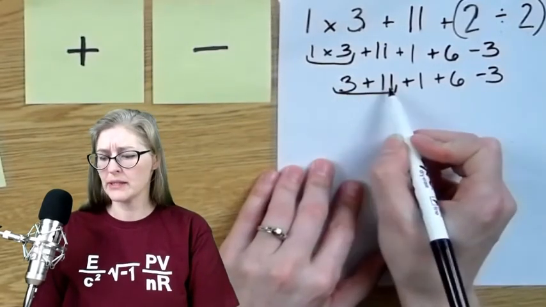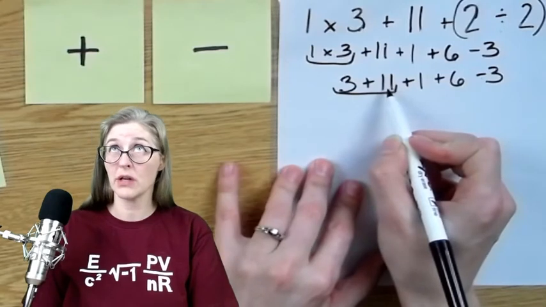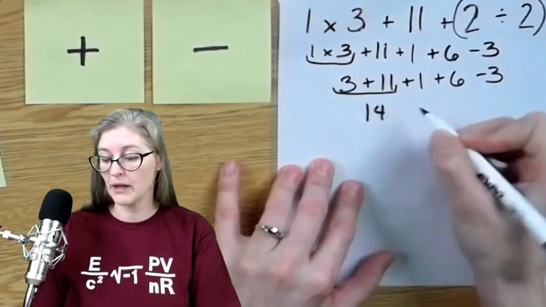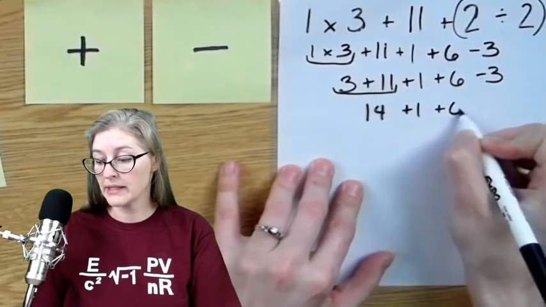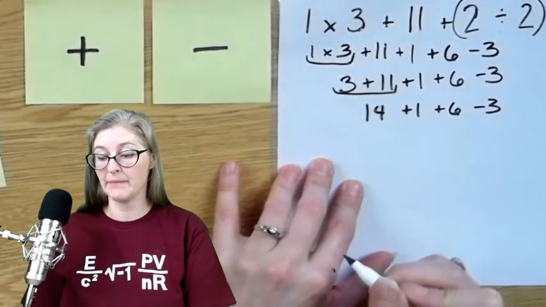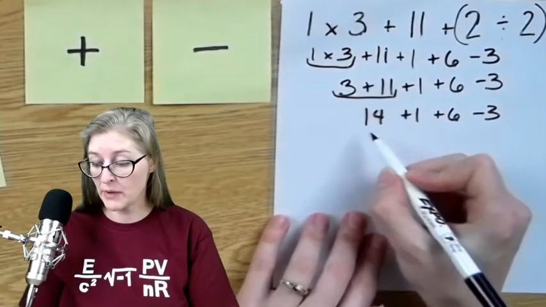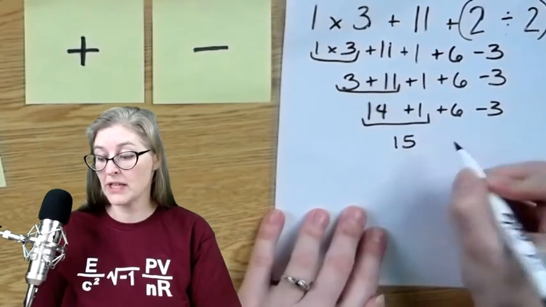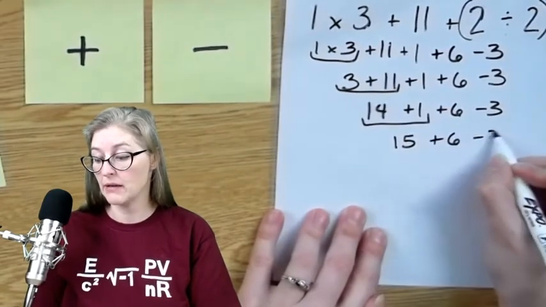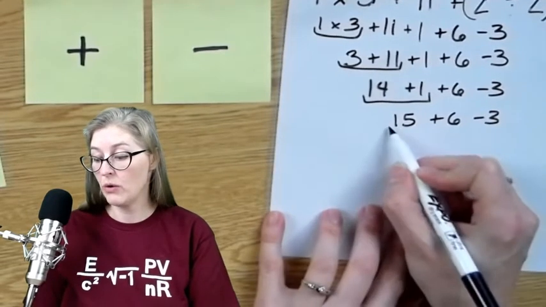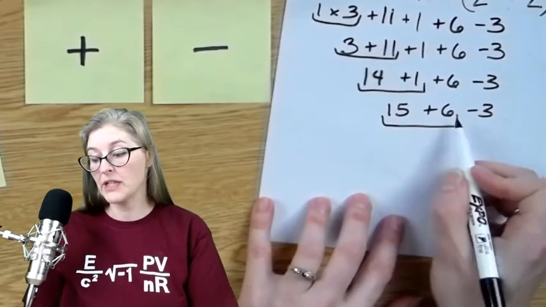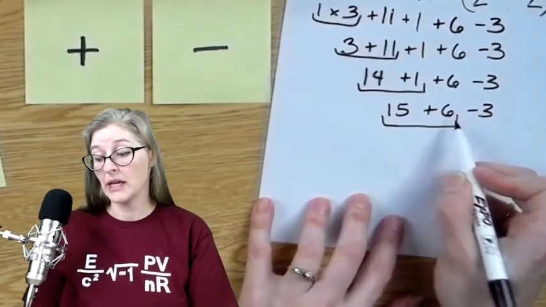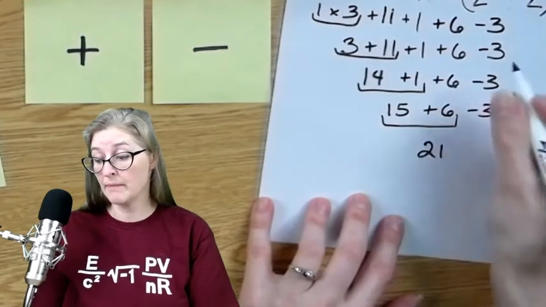What is 3 plus 11? 11, count on 3, 14. Plus 1 plus 6 minus 3. Now I'm going to come to the next one. Oh, there's an addition. 14 plus 1 is 15 plus 6 minus 3. Oh, there's another one. 15 plus 6 is going to be 21 minus 3.